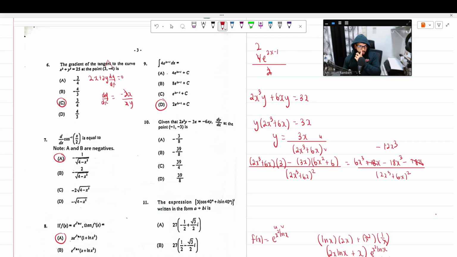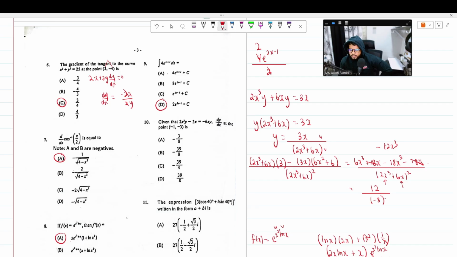They want to know the gradient when x is minus 1. So if I plug in minus 1 on the numerator, I'm going to get minus 12 by minus 1, which is going to give me positive 12, over, plug in minus 1 here, I'm going to get minus 2, and plug in minus 1 here, minus 2 minus 6 is minus 8.